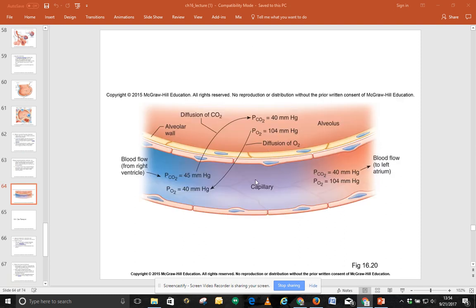Again, we're talking about partial pressures. Looks like this is the capillary bed here. This is going to be the membrane of the alveolar wall. And remember, it's going to move from higher concentration, like CO2 right here, 45, moving into the alveoli, which is only 40, so you can exhale it.